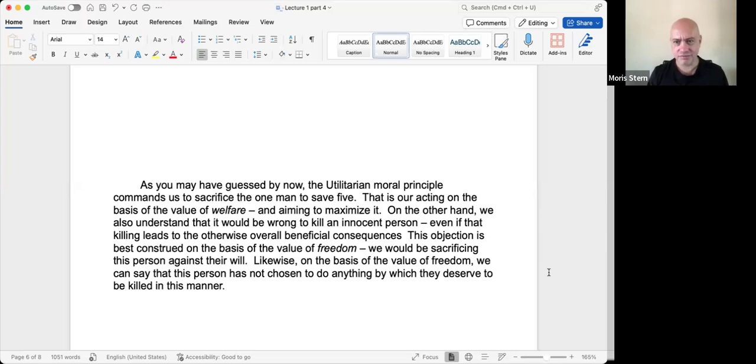The contra argument in the trolley runaway train case is that we would not be respecting the freedom of the one person that we would sacrifice. They don't choose to be sacrificed, nor have they chosen to do anything that would merit that they should be sacrificed.